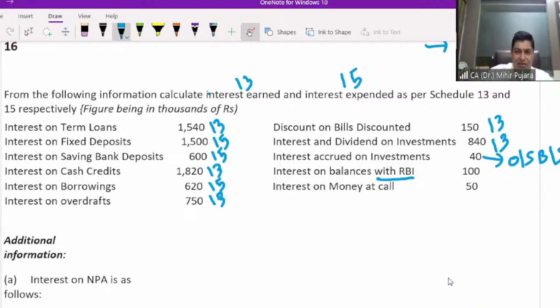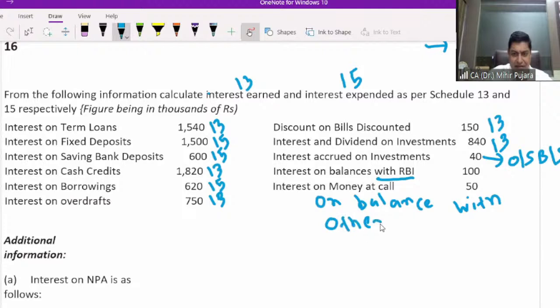Interest on money at call means interest on balance with other bank. So interest on money at call means interest on balance with other bank.